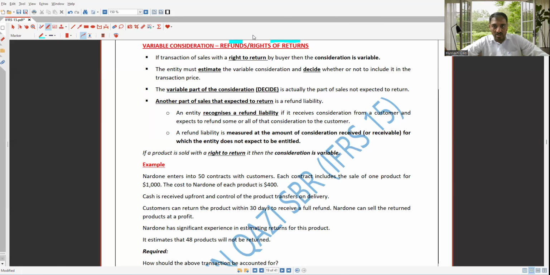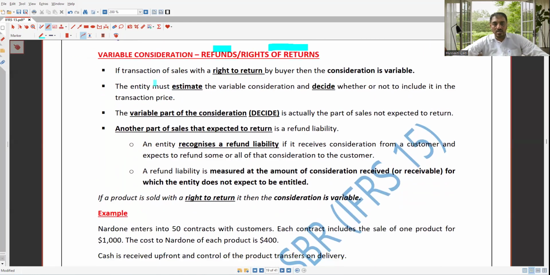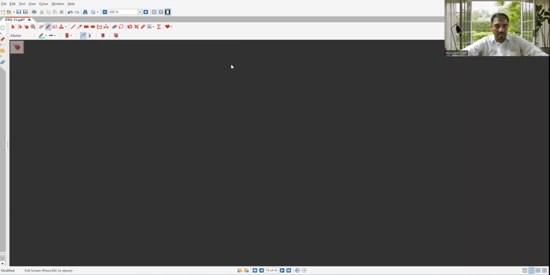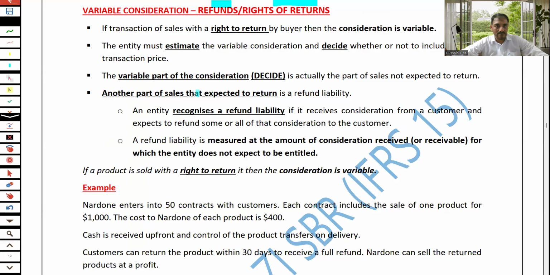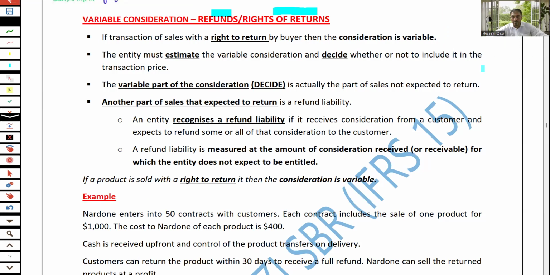Now I'm going to discuss this point. Very important. So what is the case about? Listen carefully. Students, very important case.